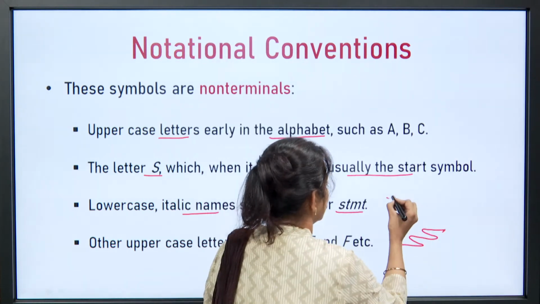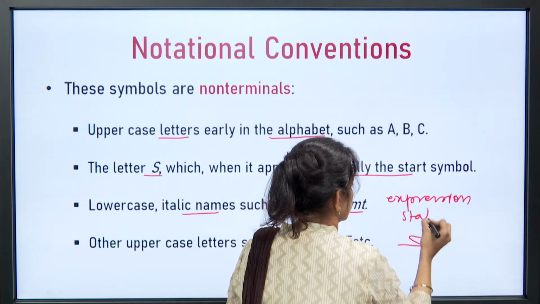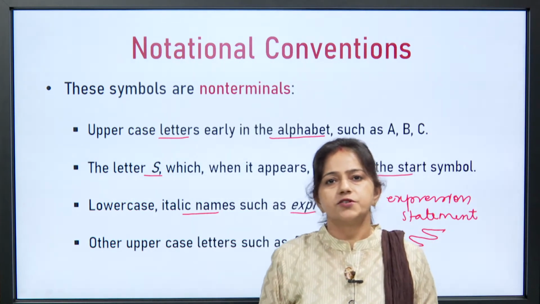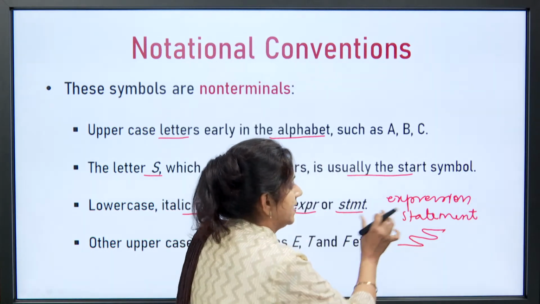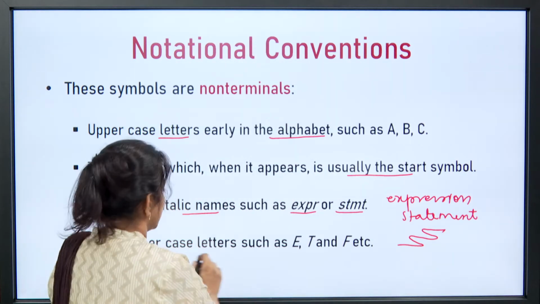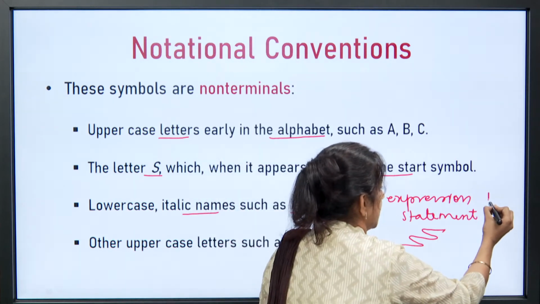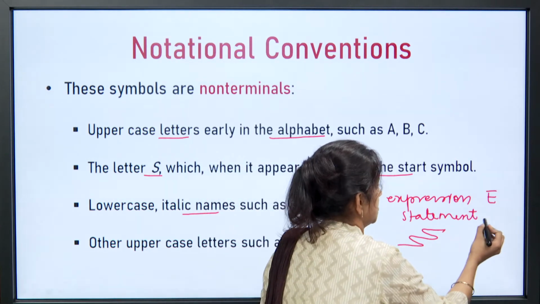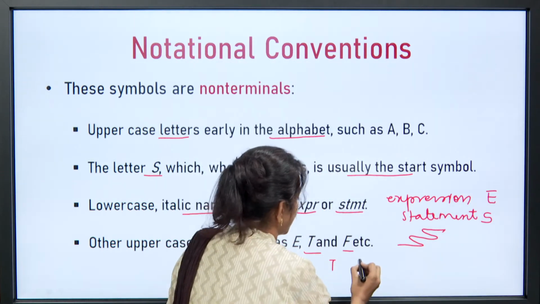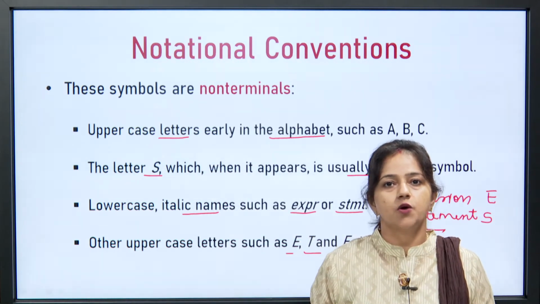We can write it like this also, expression or statement, but in italic and lowercase form. These strings can be treated as non-terminals. Similarly, uppercase letters like E, T, F: to denote an expression we can use E, to denote a statement we can use S, to denote a term we can use T, to denote a factor we can use F. So, such uppercase letters can be used to denote non-terminals.